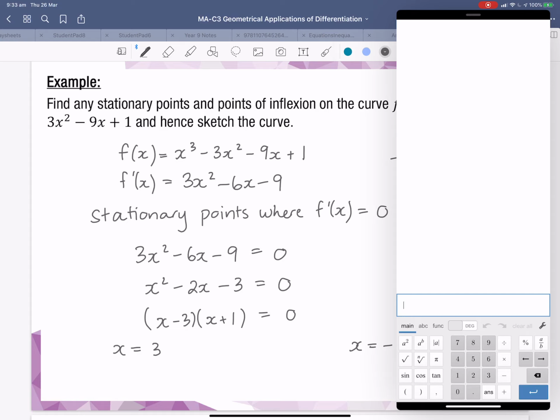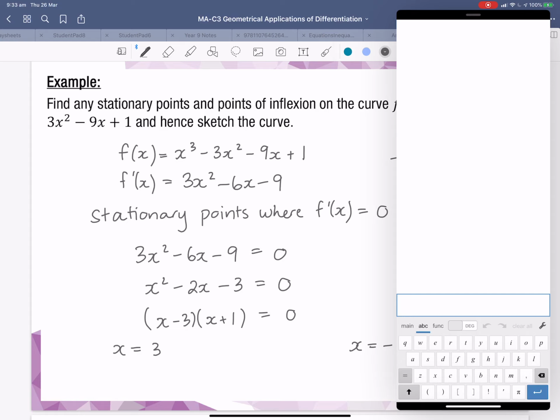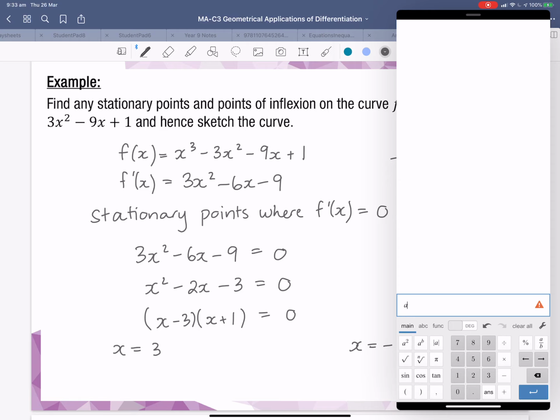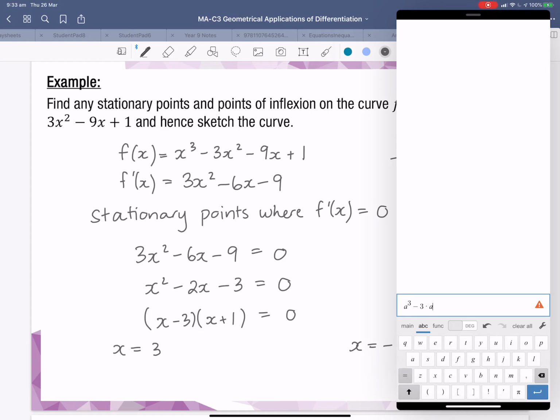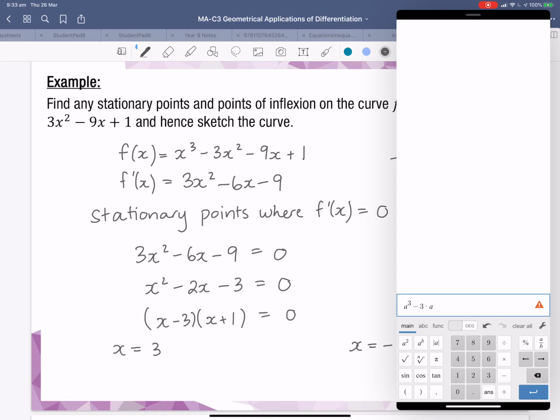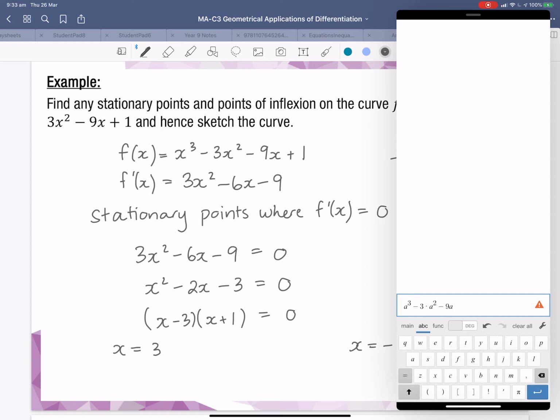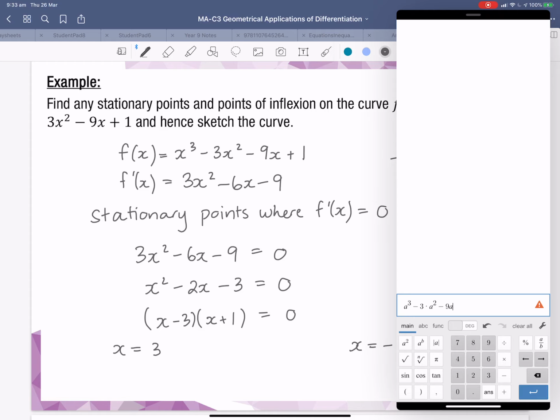So instead of putting x cubed minus 3x squared, I'm going to put a cubed minus 3 times a squared minus 9a and then plus 1.